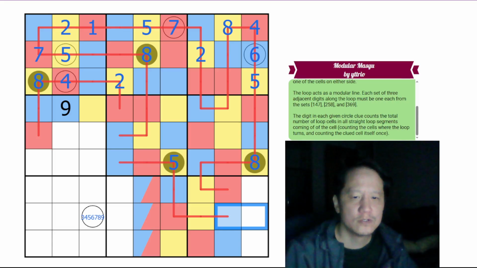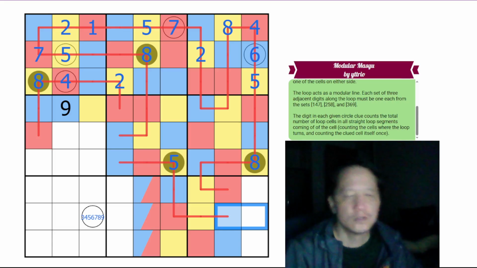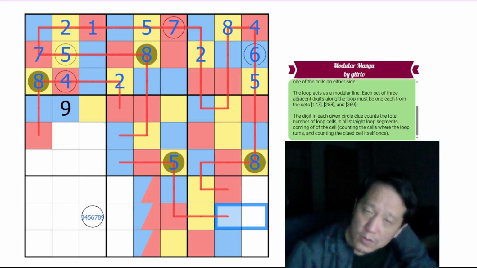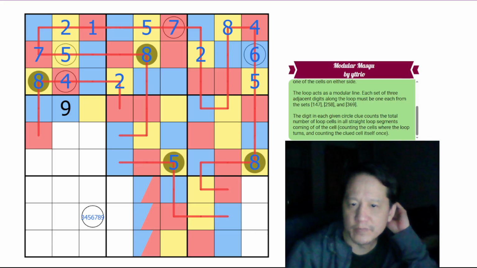Shoot. Oh, it just connects. There we go.